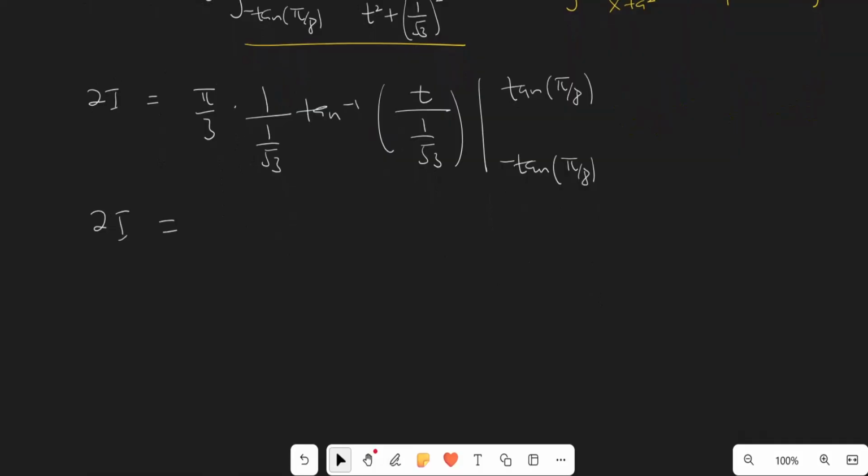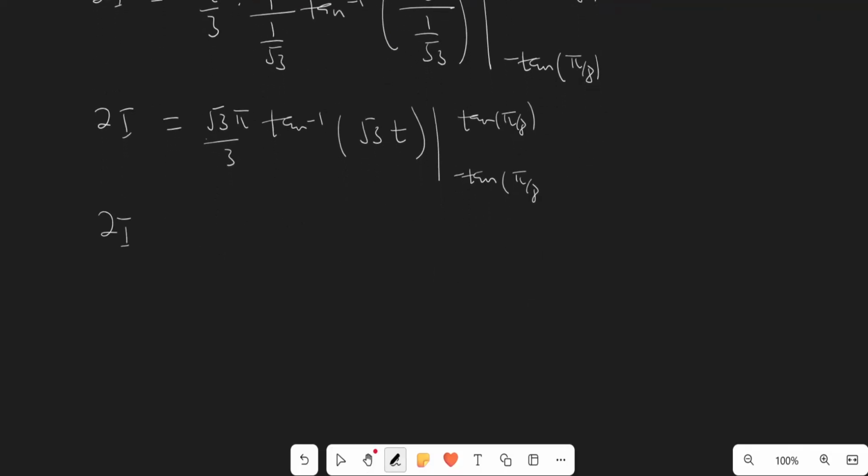So 2I is going to be equal to the square root of 3 over 3 times pi over 3, and then tan inverse of the square root of 3 t from negative tan of pi over 8 to positive tan of pi over 8.